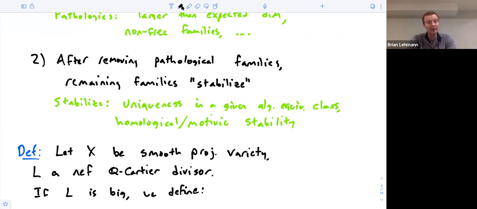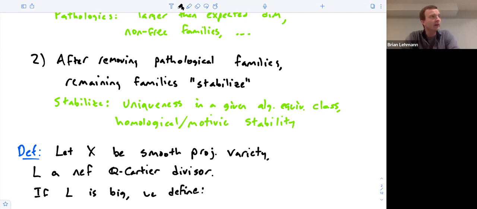For example, we might expect that once we remove the pathological families, maybe we just have a unique component of the moduli space of rational curves representing any given algebraic equivalence class. Certainly that's a phenomenon that's quite common, and maybe we can hope for it in general.